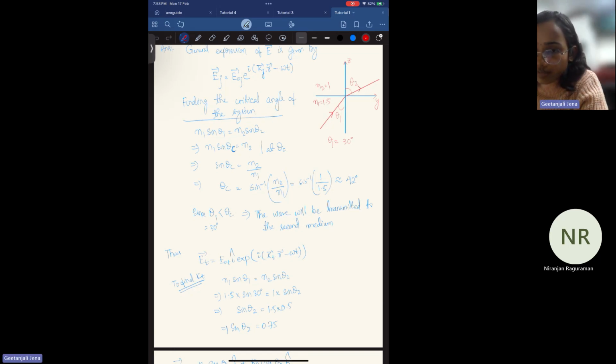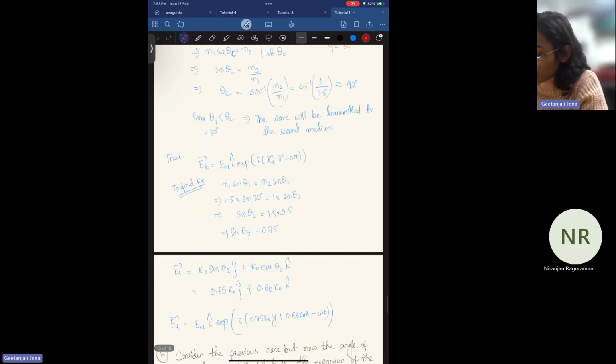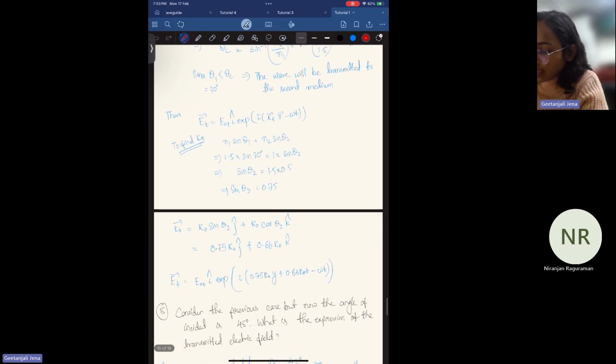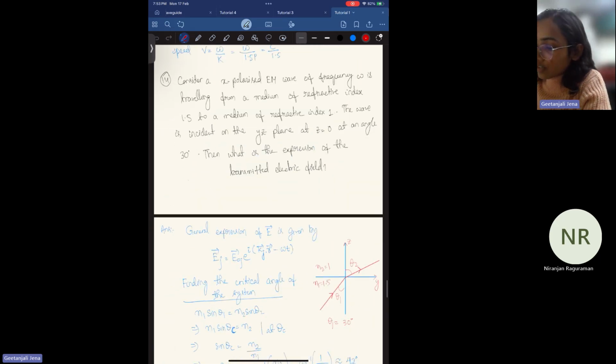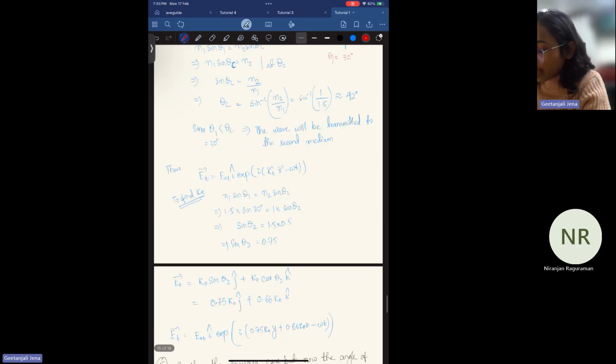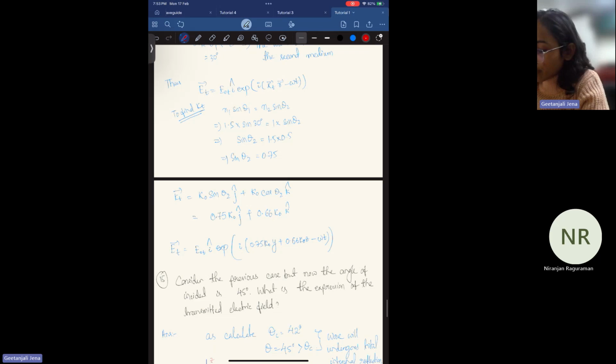Direction, okay, but didn't find the magnitude. So magnitude you can calculate. Yes, I haven't calculated the magnitude because the question was talking about what is the expression of transmitted field. So magnitude, you can calculate it because kT we have already calculated. So you already know that z cap and k cap are orthogonal.